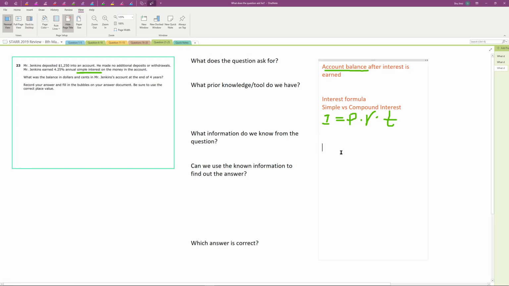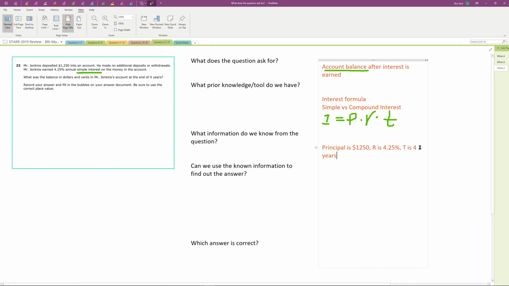We know P, the principal, is $1,250. The interest rate is 4.25%. And the time is 4 years.